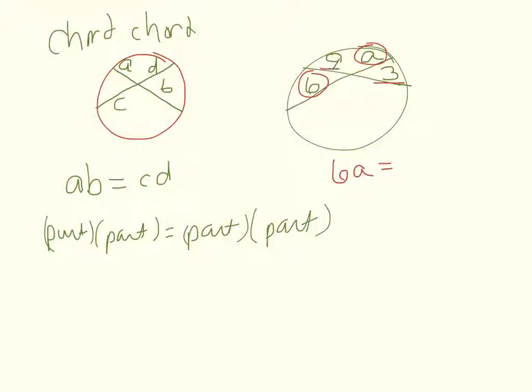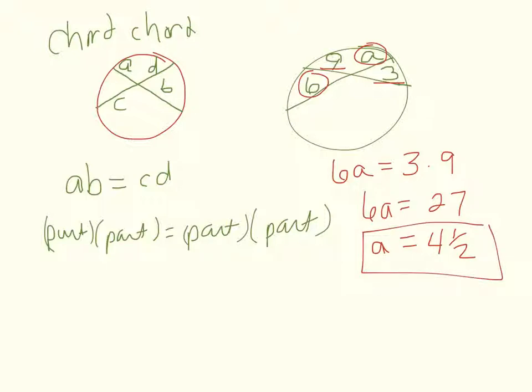The two parts of the second one, multiply them, 3 times 9. So I get 6A equals 27. I would divide by 6. And if I divide 27 by 6, I know 6 goes into 27 4 times with 3 left over, so it would be 4.5. So A in this case would equal 4.5.